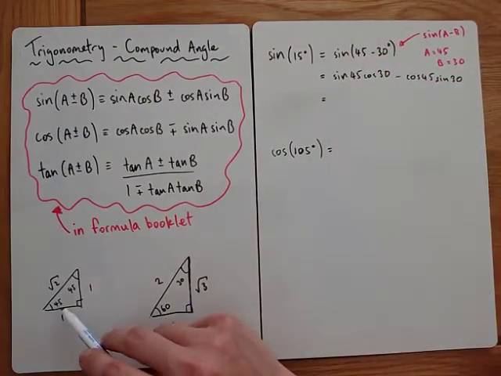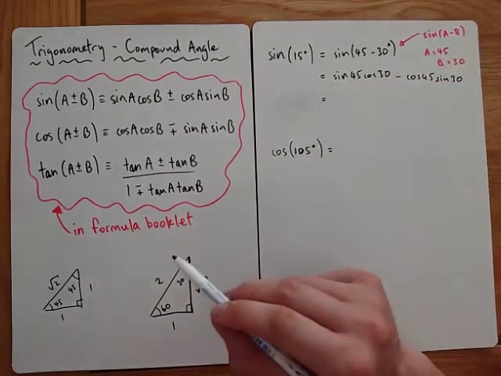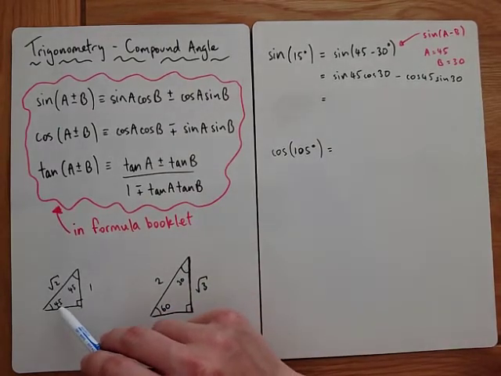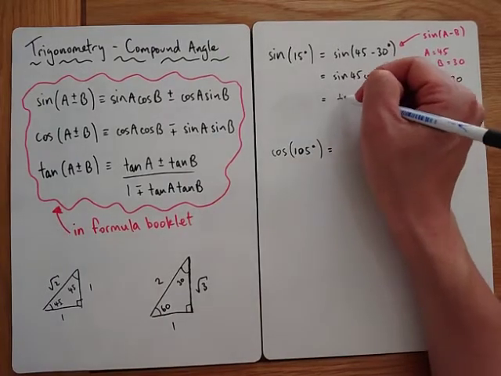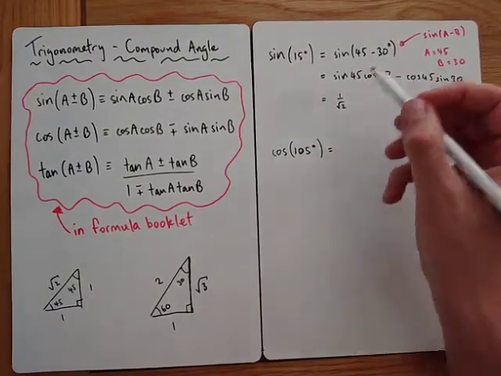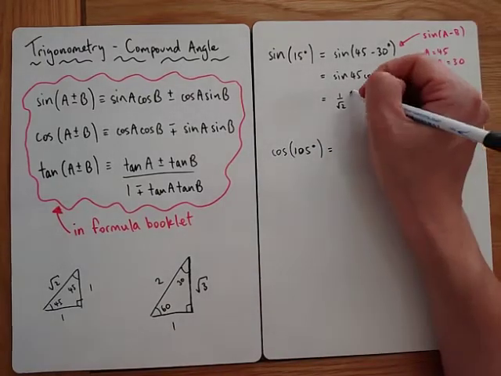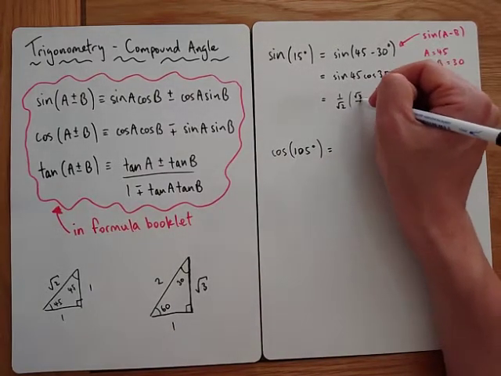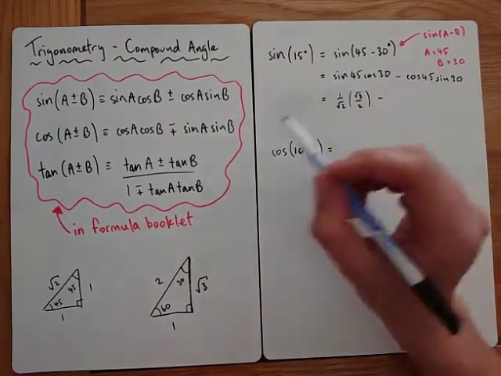If we understand these triangles, or remember these triangles, then I could remember what these ratios are. So sine of 45, look at the 45, opposite over hypotenuse, that would be 1 over root 2. Cos of 30, cos is adjacent over hypotenuse, so that would be root 3 over 2, minus cos of 45.